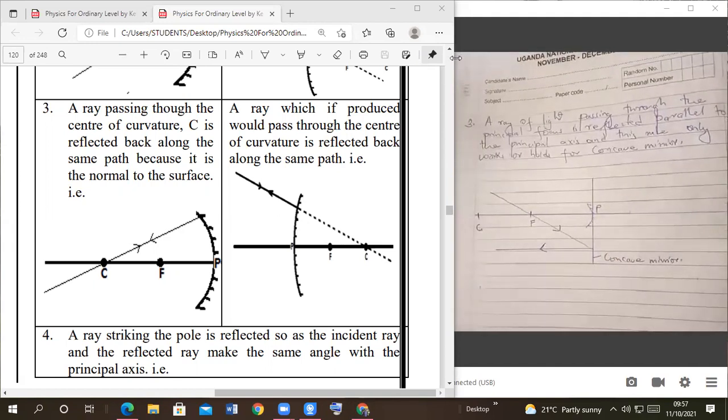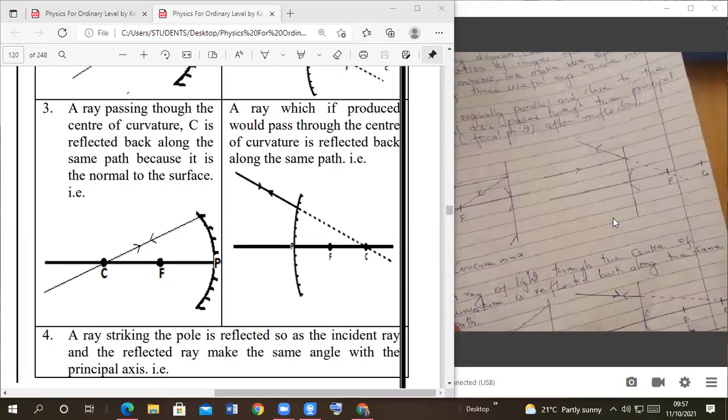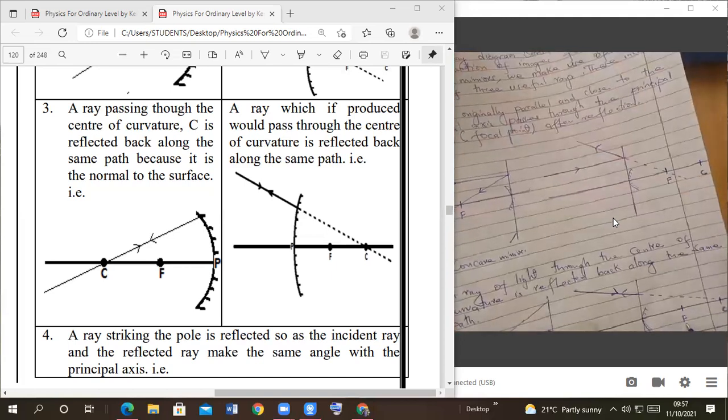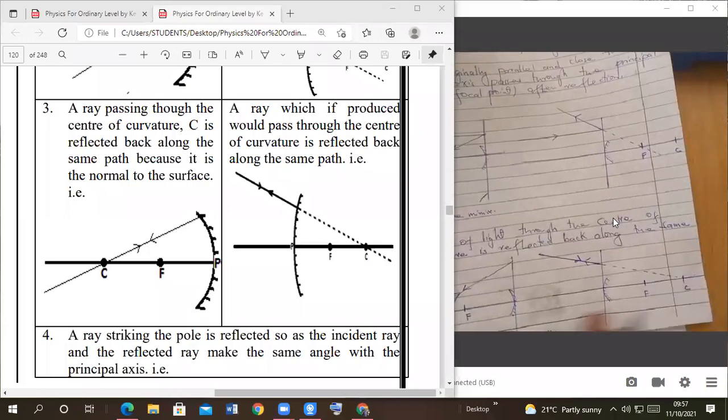So this third rule only works for a concave what? A concave mirror. Why only concave? Because for concave, the focal length, the center and radius of curvature are real. They are what? They are real. Because when you look at convex, the principal focus is virtual, because it is behind the reflecting surface.